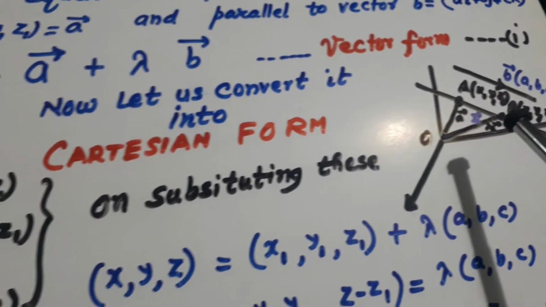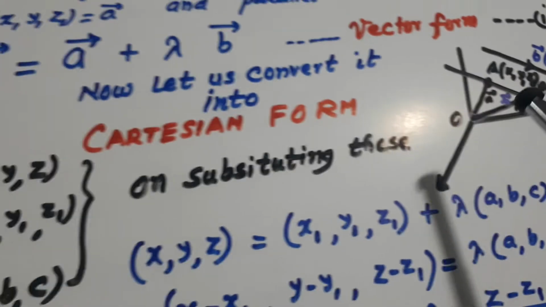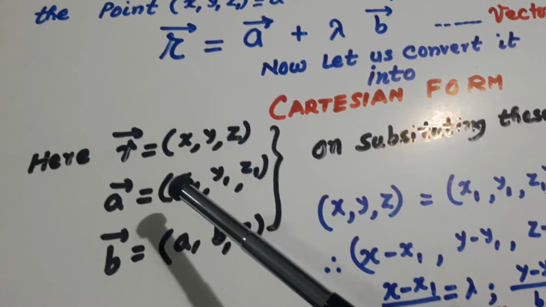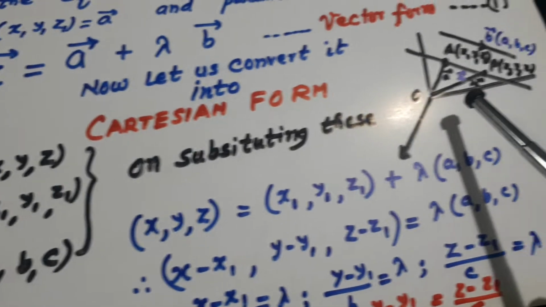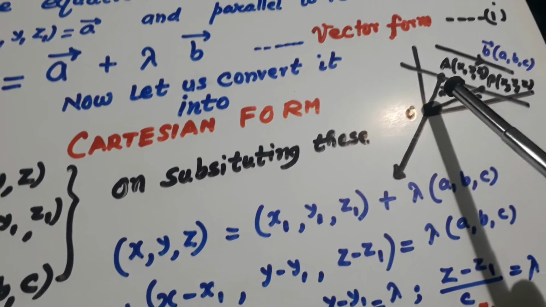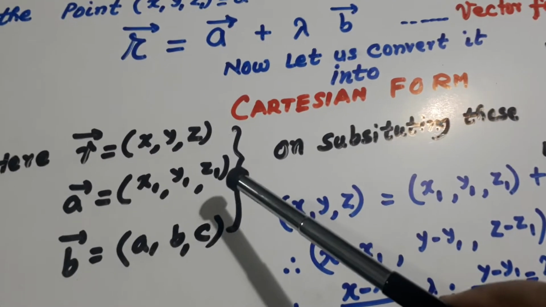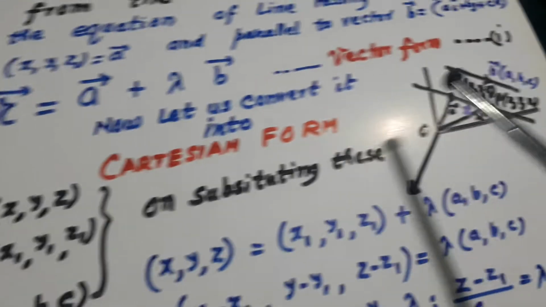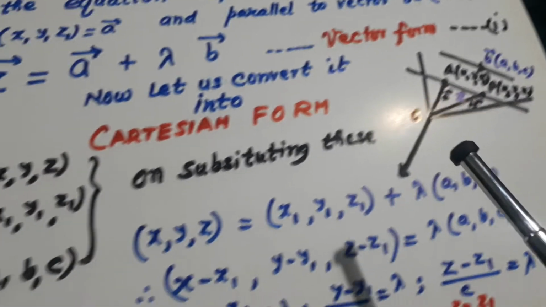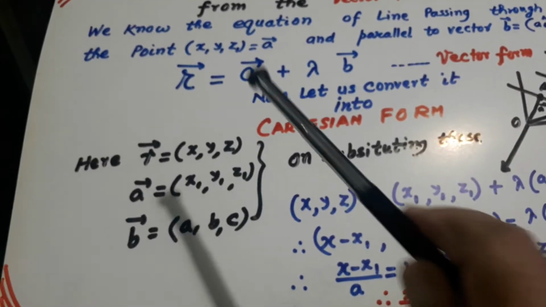We know that R is the general point, x, y, z. A is the point. This is vector A, its coordinates are x1, y1, z1. And coordinates of B are ABC. So, let us substitute.